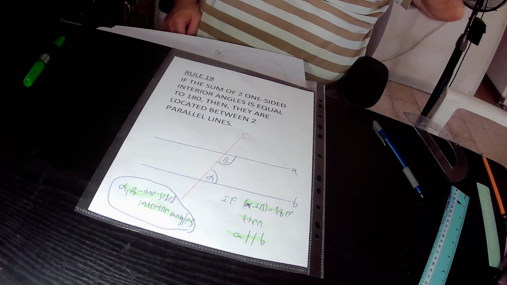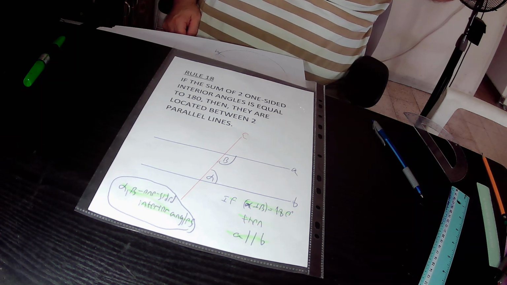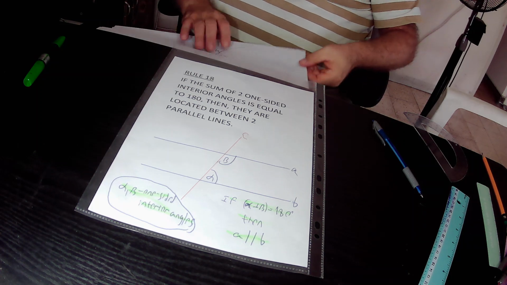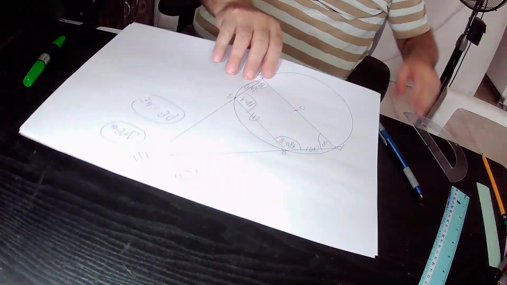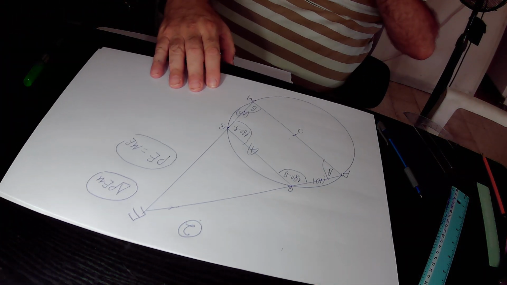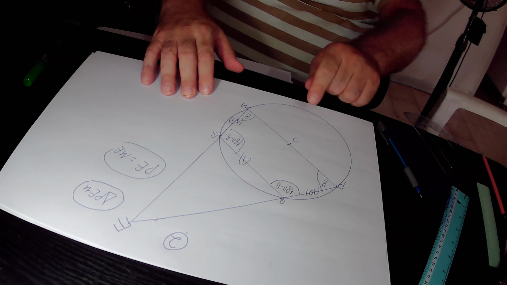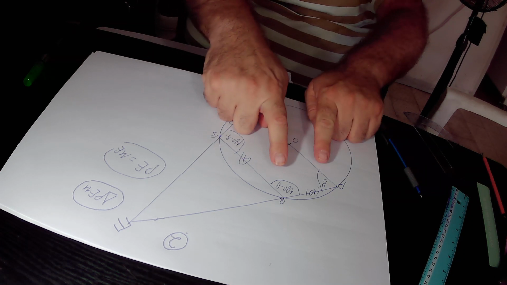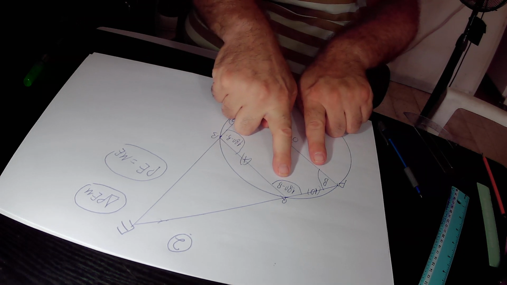So whenever you have two one-sided interangles whose sum is 180 degrees, then they must be between parallel lines. We already implemented rule 18 in our drawing, because in our drawing we found out that the sum of those two one-sided interangles is 180 degrees, and therefore, according to rule 18, they must be between parallel lines.